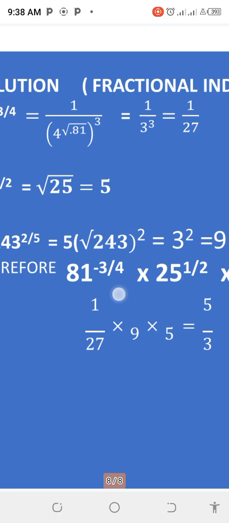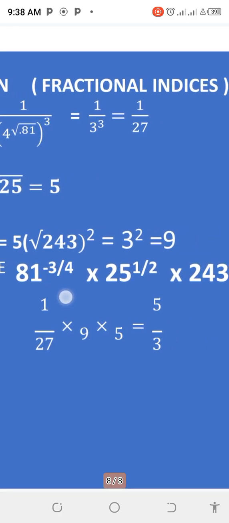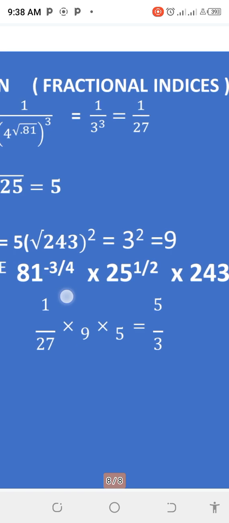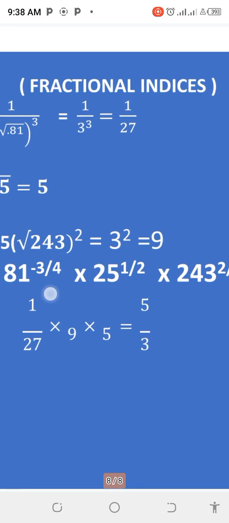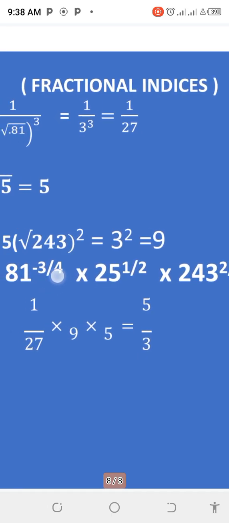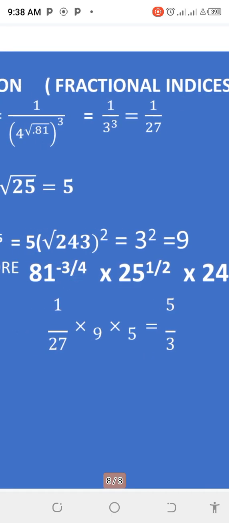Therefore, the entire term, which is 81 raised to power minus 3 over 4 times 25 raised to power 1 over 2 times 243 raised to power 2 over 5, is equal to 1 over 27, which is the reduction of the first term, times 9, which is the reduction of the second term, times 5.